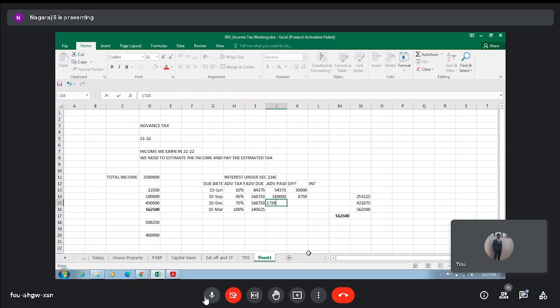You have paid 1,72,000 here. What is the difference? There is no difference at all. Here you should have paid 1,40,000, but you have paid 1,32,000. What is the difference? 8,625. When there is no default, then you need not pay any interest. Only when there is a default, that means deferment, then only you need to pay interest.